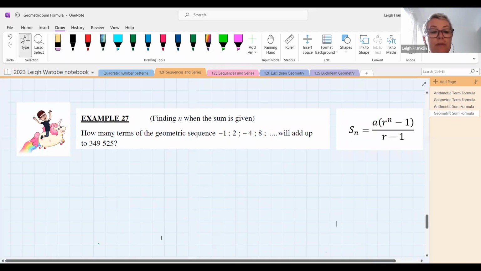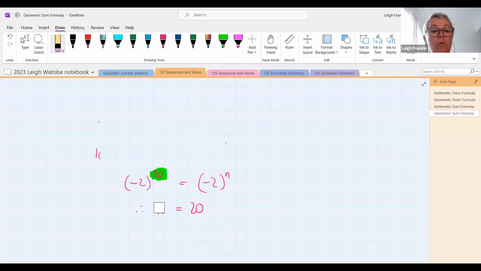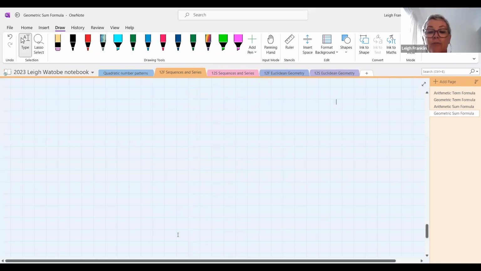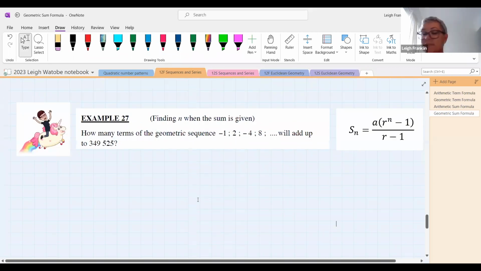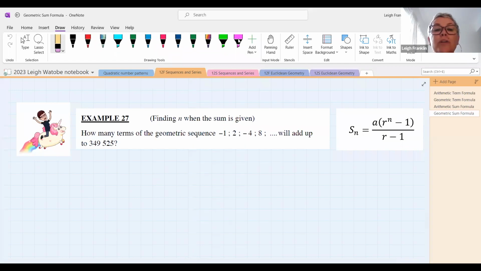So the difference between this question and the one that we had before is that here they're asking us to calculate n, but Sn is known. Before we couldn't sub into our Sn formula because we had 2 unknowns, whereas now we've only got 1 unknown. So from the language of the question, the words "will add up to" imply that 349,525 is the Sn of this particular sequence.